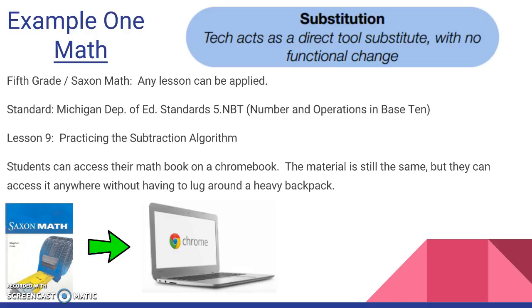The material is still exactly the same as what they would see in their paper book, but they can access it anywhere without having to lug around that book in a heavy backpack. So in reality, you're taking the same material, same book, same paper, and putting it onto a Chromebook so they can access it at home, in the classroom, anywhere.